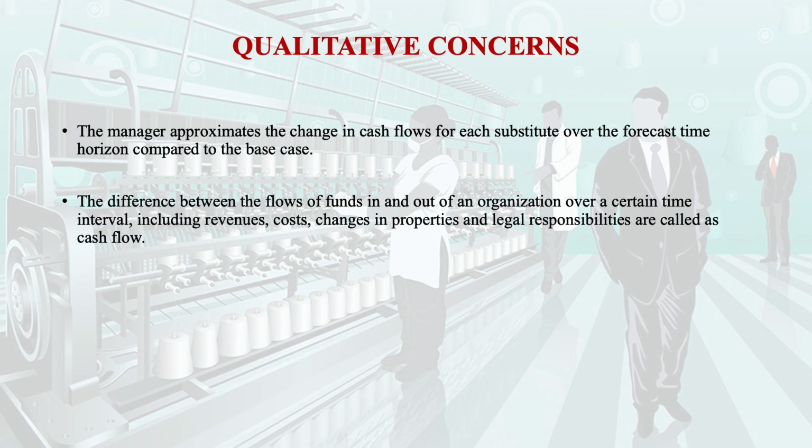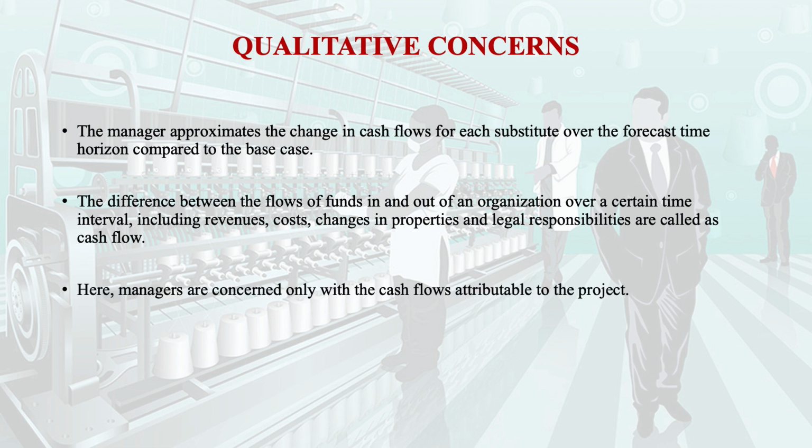The difference between the flows of funds in and out of the organization over a certain time interval, including revenues, cost, changes in properties, and legal responsibilities, is called cash flow. Here the managers are concerned only with the cash flows attributable to the project.